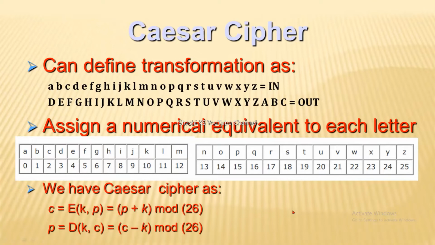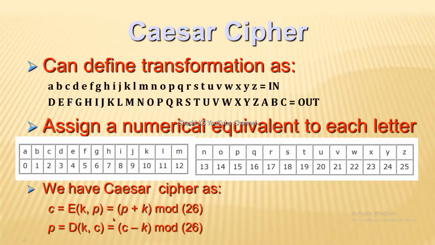It need not always be three places further down the alphabet; the integer value of 3 can be any value. If we generalize this, we could define a Caesar cipher like this. The ciphertext is obtained as the encryption of the plain text with the K value, which can be any integer number.